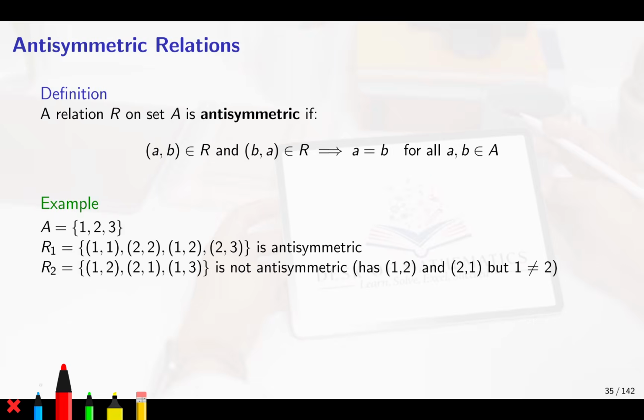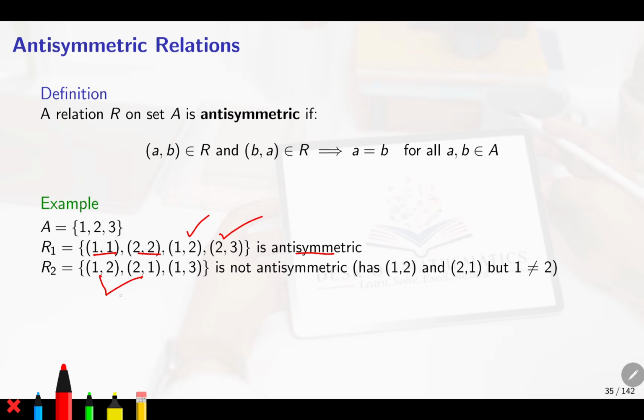For example, here in R1, (1, 1) is there, (2, 2) is there, (1, 2) and (2, 1) is not there, (2, 3), (3, 2) is not there. Good. So the symmetric counterpart is only possible when the element is related to itself only. So this is antisymmetric.